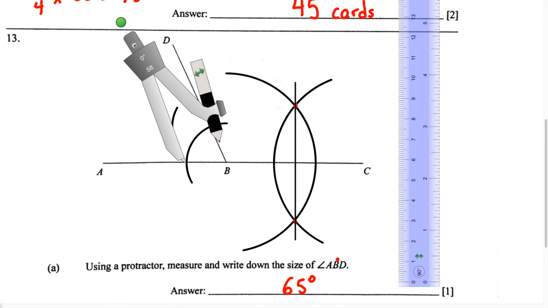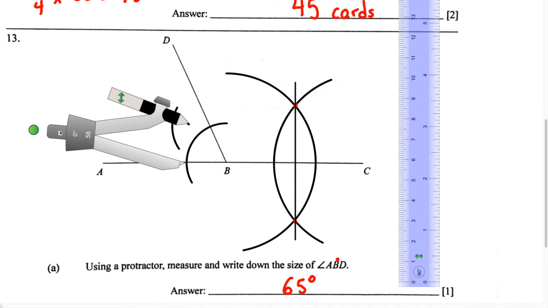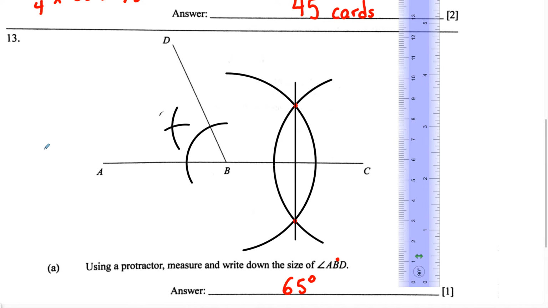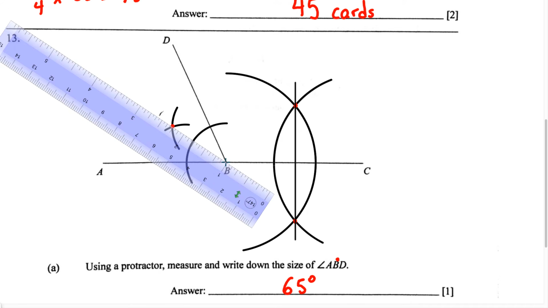And we're going to draw another arc. Now we can move our compass and we can see where the 2 arcs intersect. And we're just going to use our ruler and draw a line from point B to where the 2 arcs intersect.